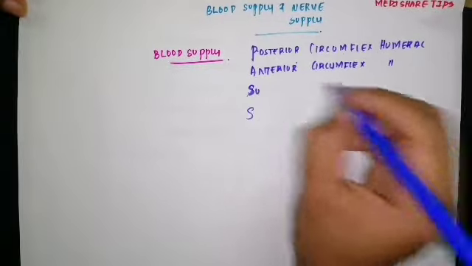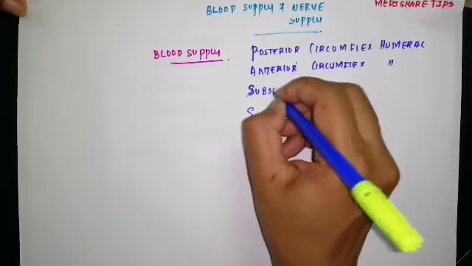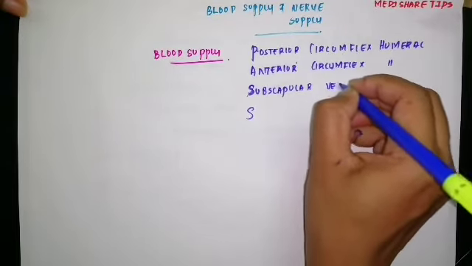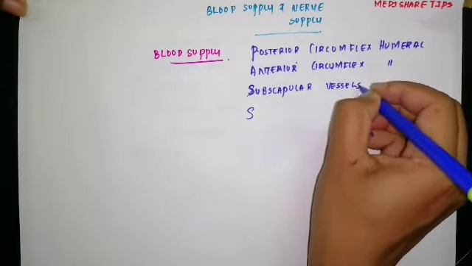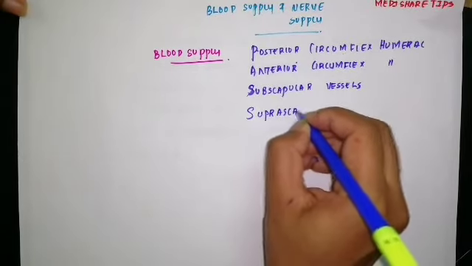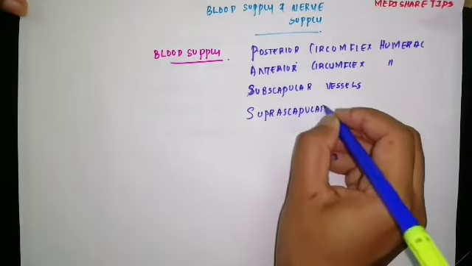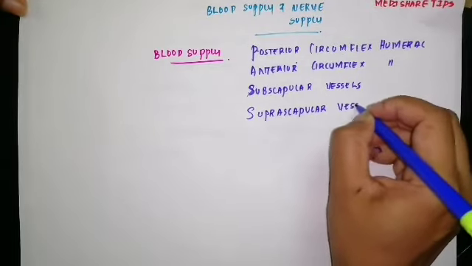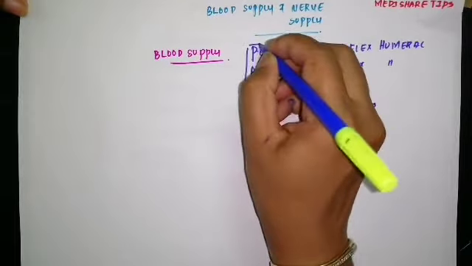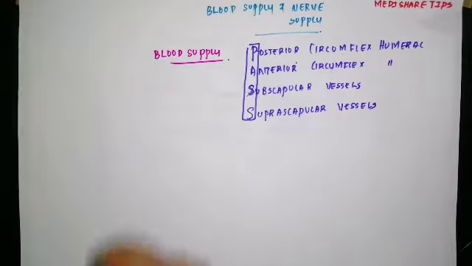Then subscapular vessels, suprascapular vessels. Mnemonic is PAS. Now the nerve supply.